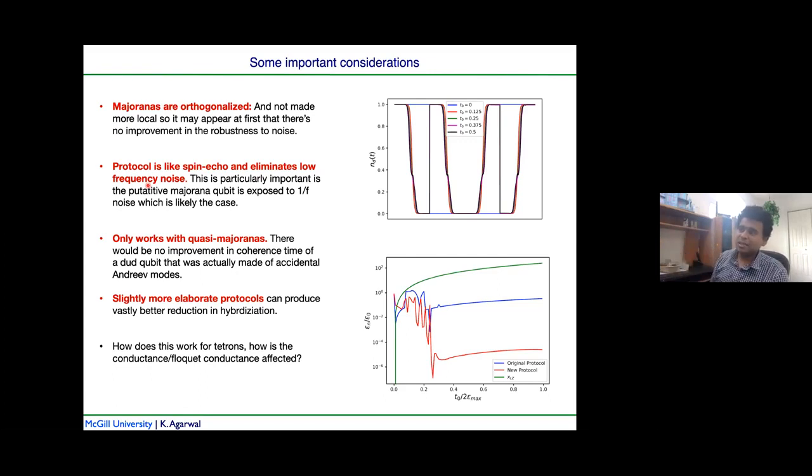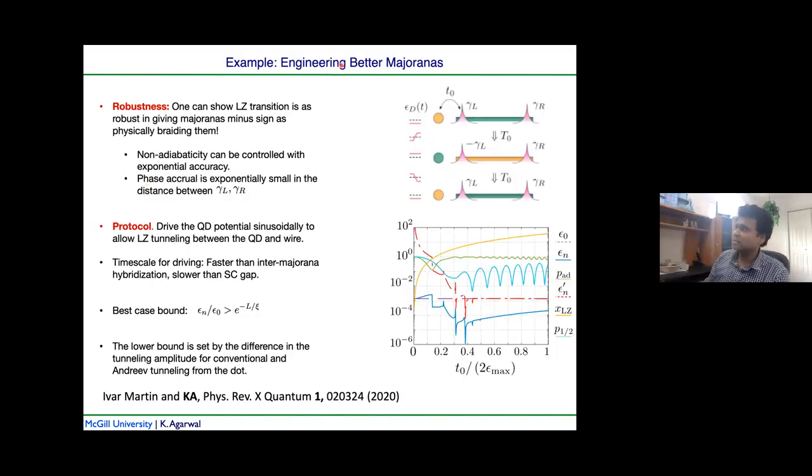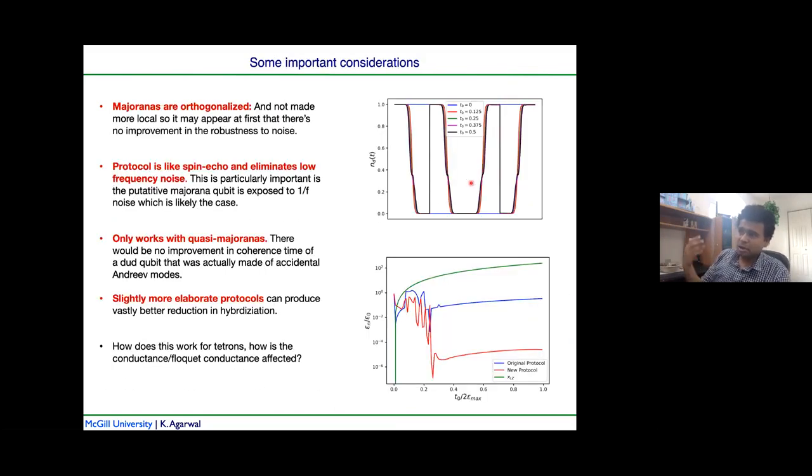One thing I didn't mention here is that the Majorana that is flipping sign is the one coupled to the quantum dot, so it's flipping sign by itself. And so a lot of the noise that couples to these operators will be reduced. In particular, if the main source of noise is electromagnetic 1/f noise, which one believes to be the case, then there will certainly be a huge impact of this protocol.